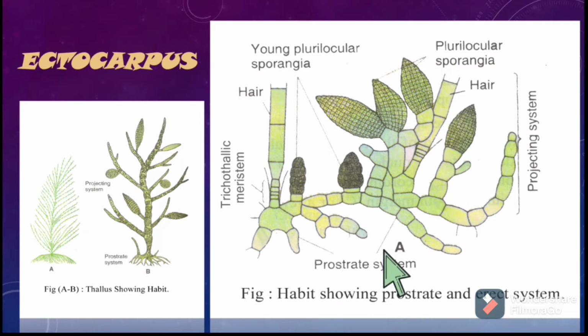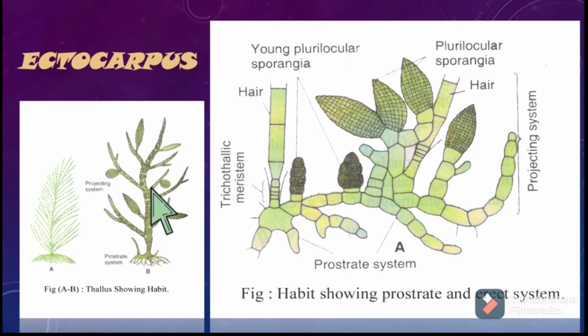The prostrate portion is sparingly or irregularly branched, as you can see in this figure, and it helps in the attachment to the substratum by rhizoids.